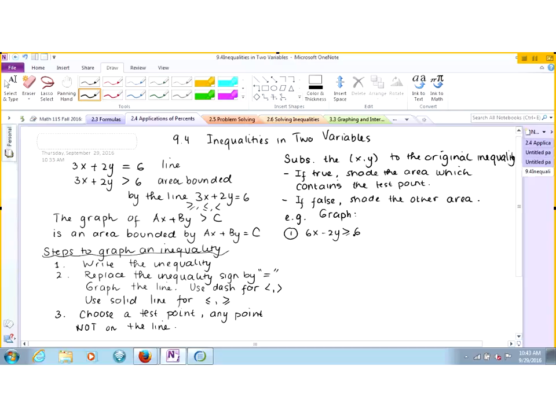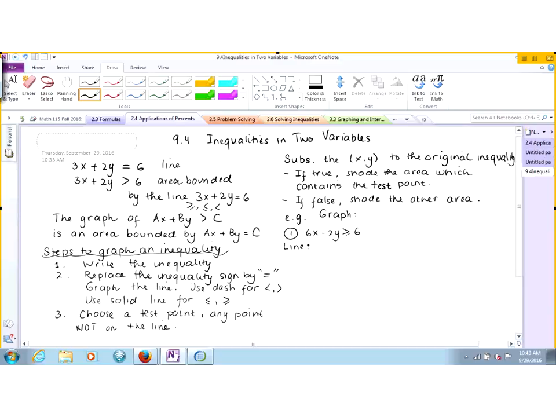All right. Are you guys ready? Yes. Test point. Yeah, this one is test point. So 6x minus 2y is greater than or equal to 6.